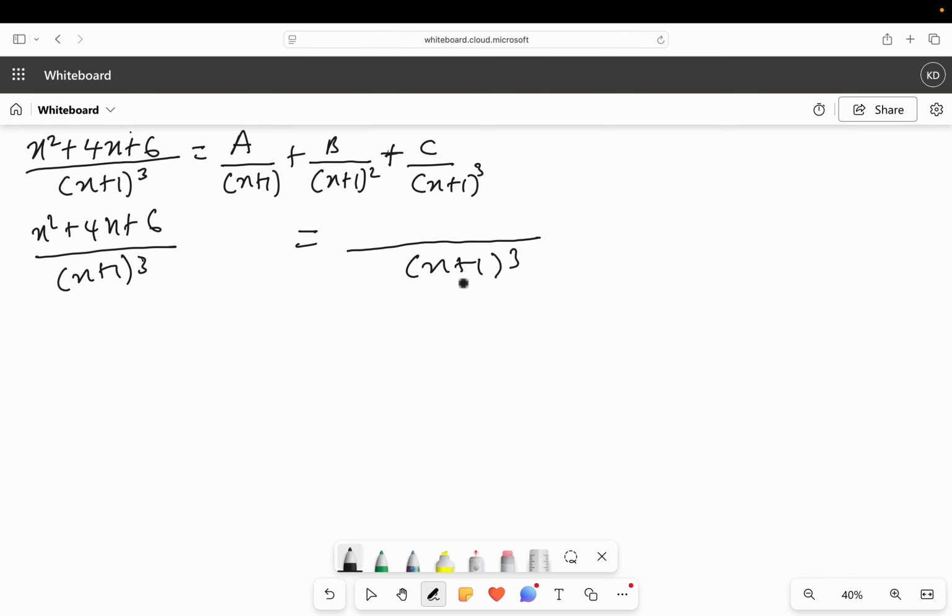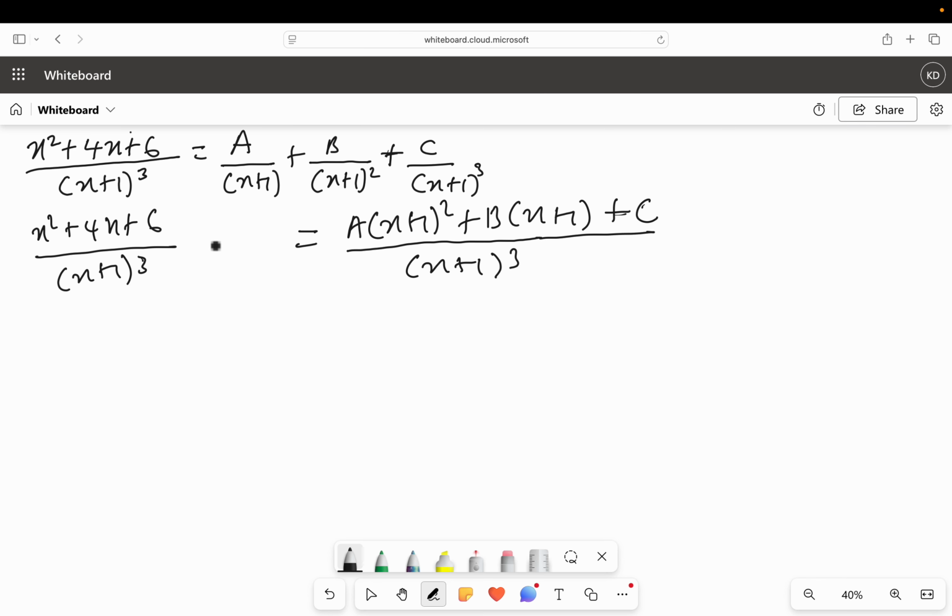So I will just have s plus 1 into s plus 1 cube. I will have s plus 1 squared times a. So I will have s plus 1 squared, then s plus 1 squared into s plus 1 cube. I will just have plus b into s plus 1. Then s plus 1 cube into s plus 1 cube, I will have 1. So I'll have c times 1.